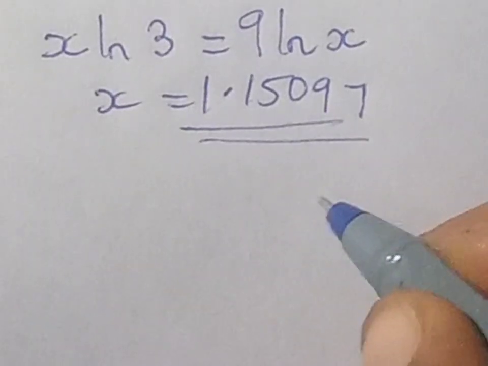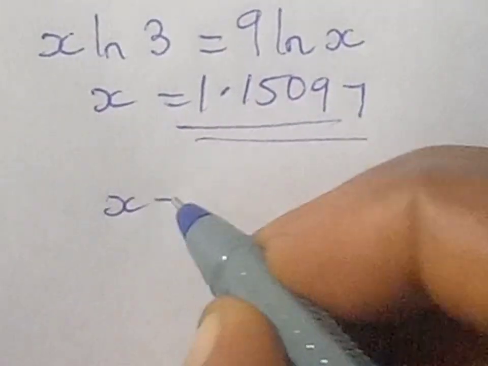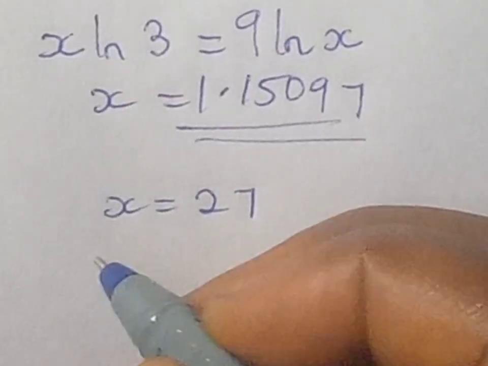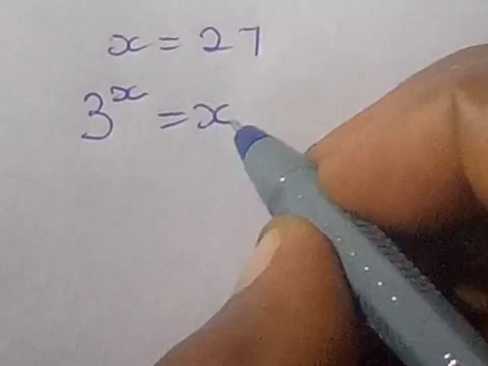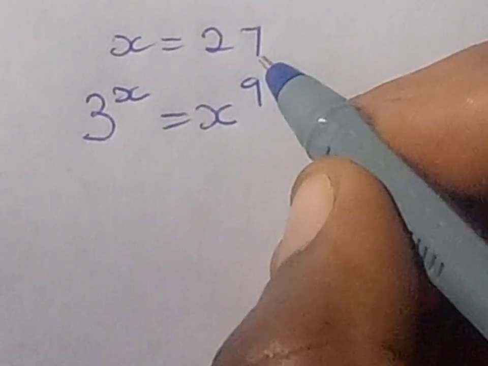In order to find the second solution, let's try if x equals 27. Our equation again, 3 raised to the power of x equals x raised to the power of 9, where x equals 27.